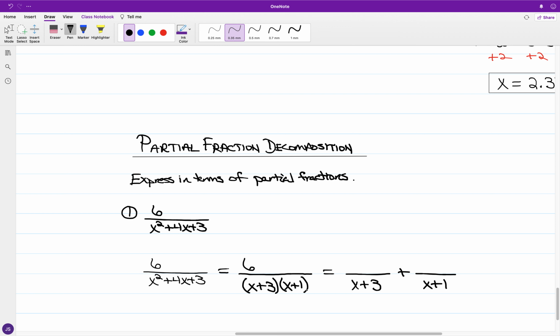So we can look at finding out just what fractions would be added together if we had the first fraction with x plus 3 in the denominator, and the second one with x plus 1.